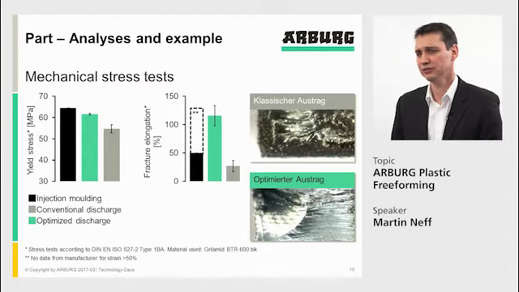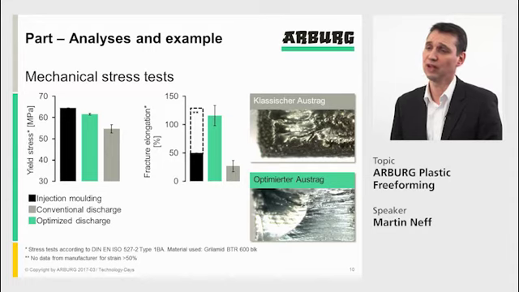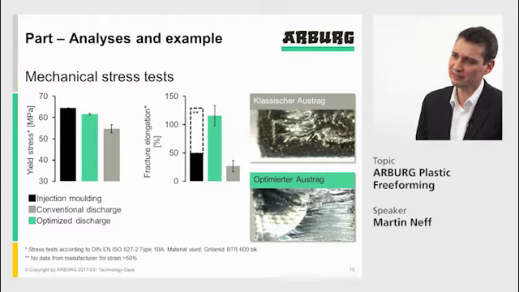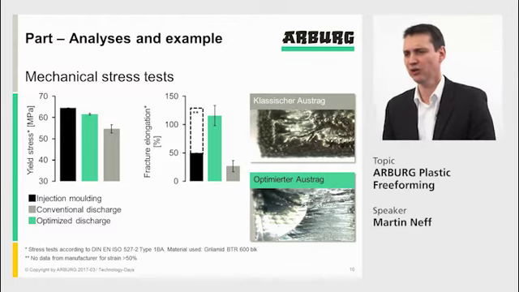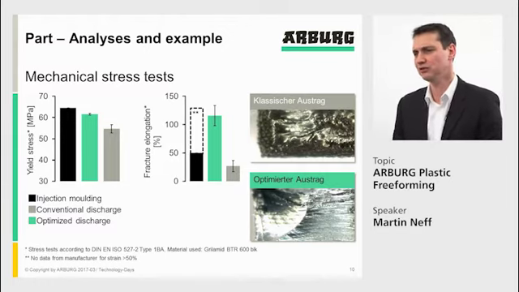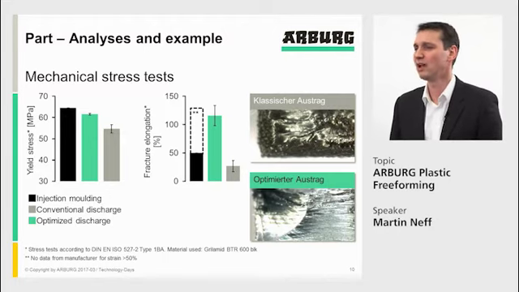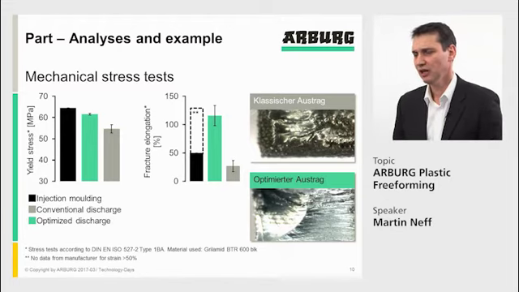And with the optimized discharge, we are in the range of over 61 something megapascal. If we go to the elongation, it was a very surprising result for us that even with the optimized discharge, we reached an elongation level which was well above 100%. I will go into that a little bit later in the next slides.